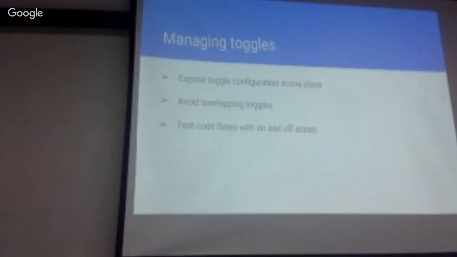We've got to test with both the toggle on and off, and also have our automated tests with both these states. Generally an automated test is designed to test with the code flow on. Now when we introduce the toggle, write a test which will make the toggle state off and still get the system in a saner way.